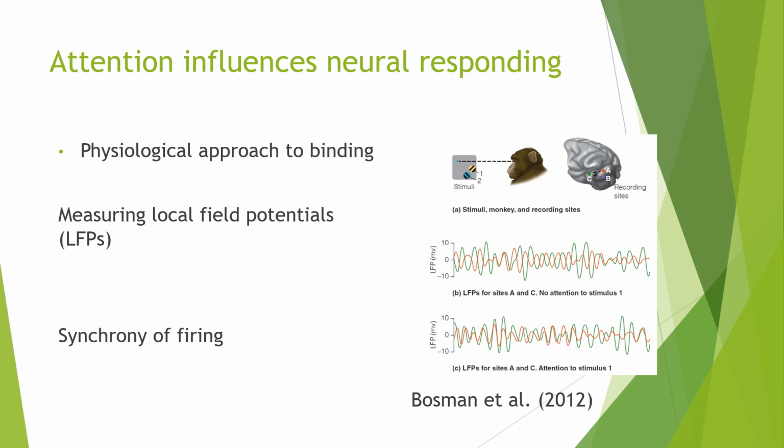And then we look at the activity for A and C, we can see that there is activity for both A and C, as we're seeing in the orange and green lines. But what you can also tell is that it's not synchronized. Okay, if the monkey is paying attention to stimulus 1, and electrode A is basically recording from where the monkey would be paying attention, what we see down in C in the bottom neural activity is that electrodes A and C are recording neural activity.